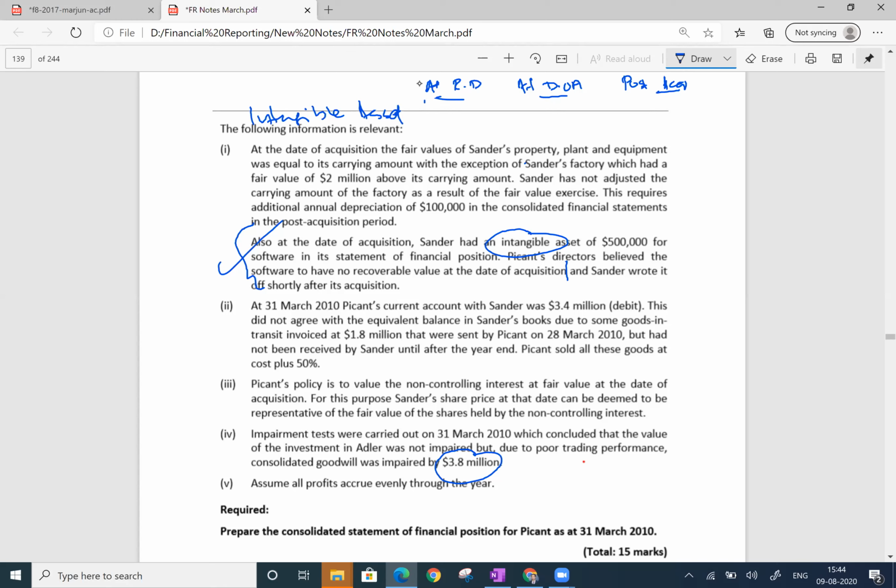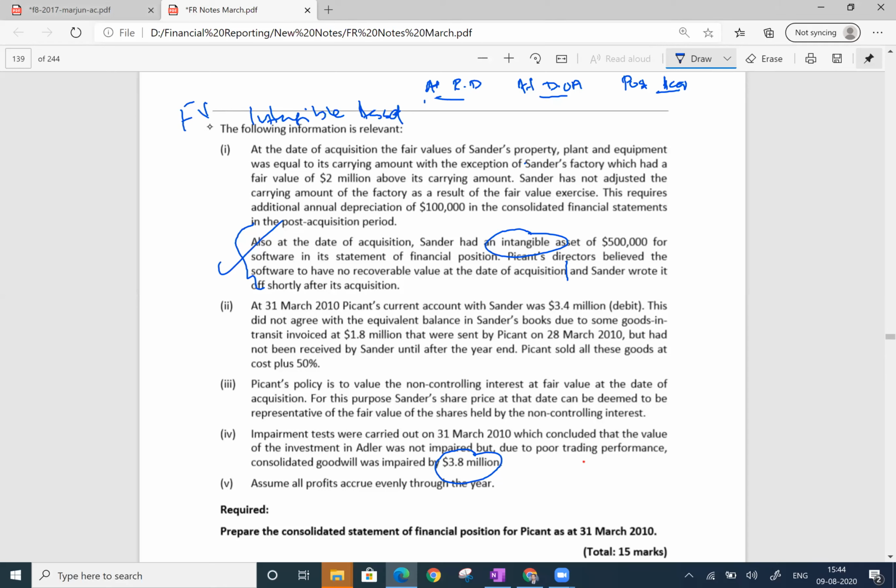What will you do? Yes, that's it. Madhumita is right. No, it's not amortization. Yes, fair value of intangible asset at the date of acquisition. Sachu Thomas has identified. Very good, Sachu Thomas.